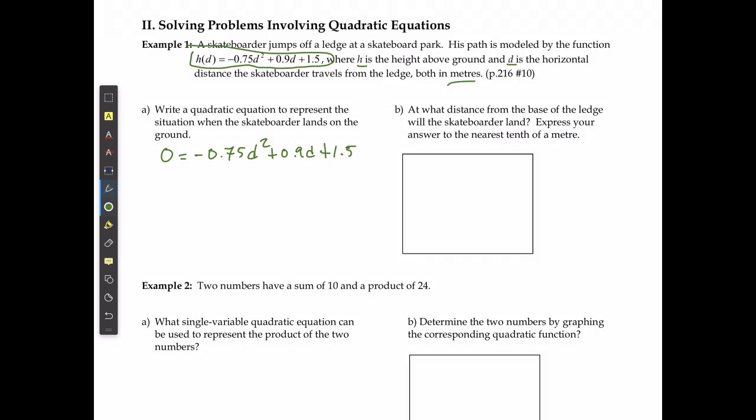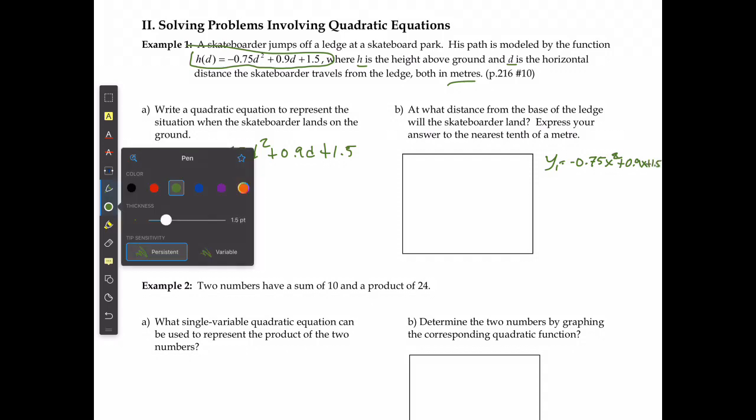What I'm actually graphing into my calculator is going to be y1 is equal to negative 0.75 x squared plus 0.9x plus 1.5.